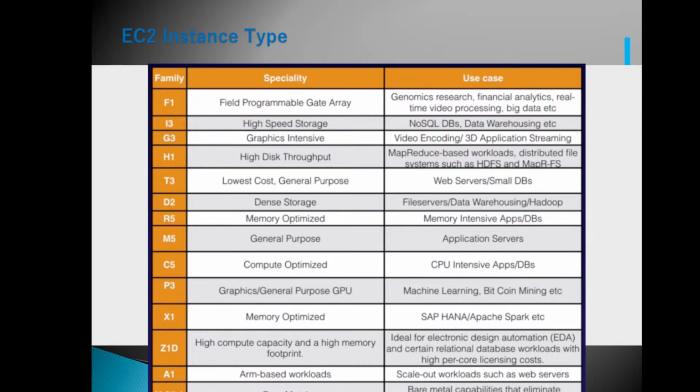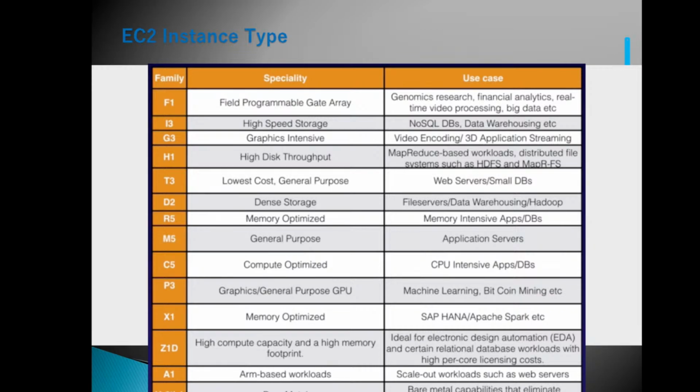We are just bothered about what type of family we are creating, and after that there will be one more parameter like micro, small, medium, large, XL.